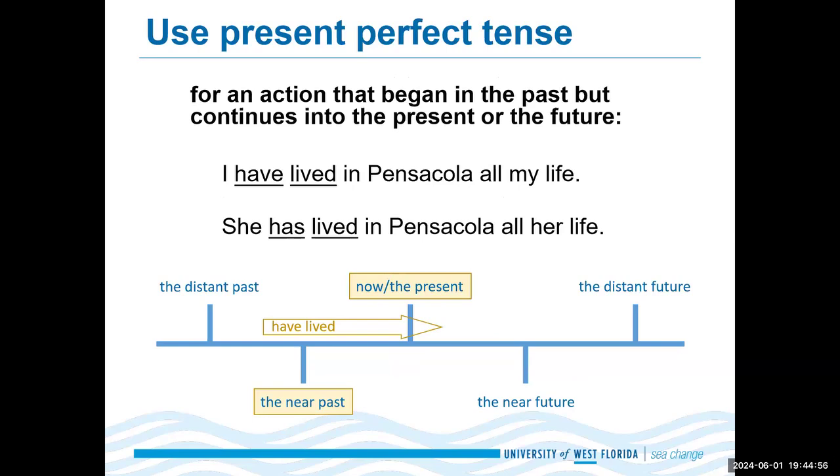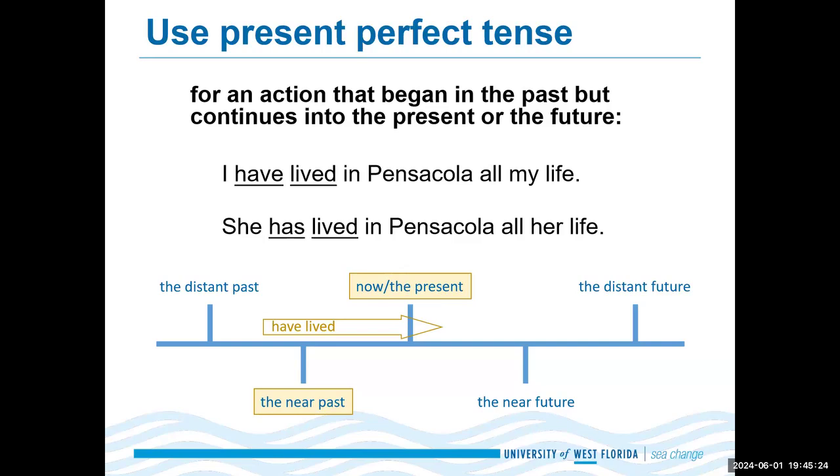Now here, it's still the near past. It says an action that began in the past, okay, it has begun in the past, but continues in the present or the future. So, noon hanggang ngayon or kahit sa buong buhay niya, no?